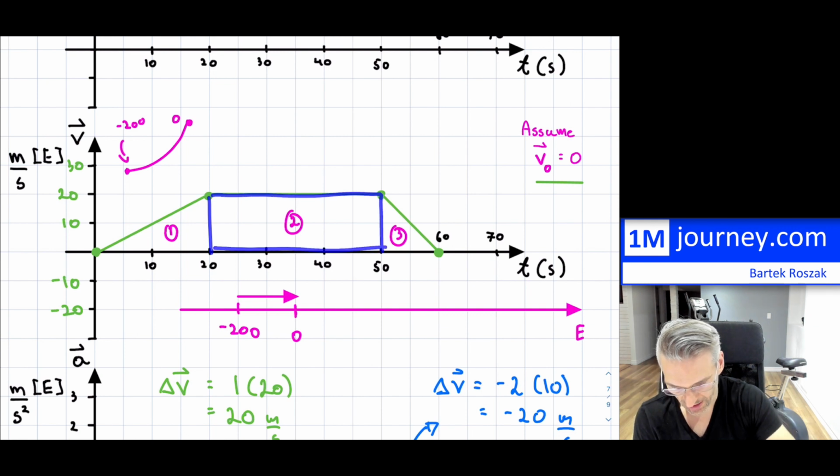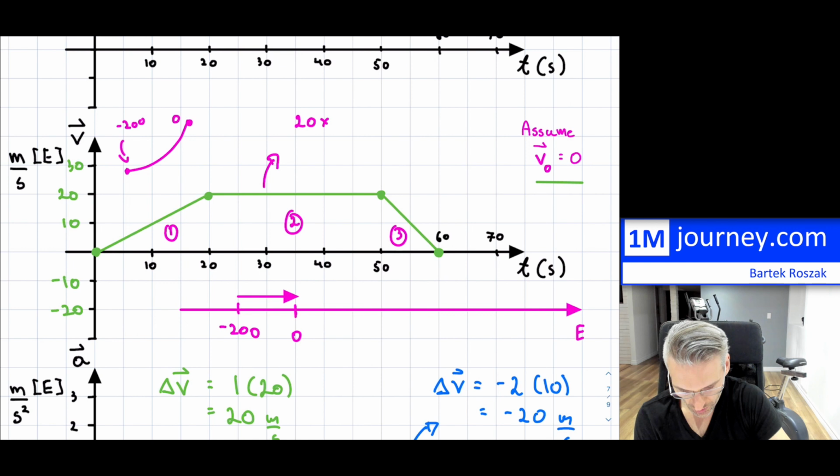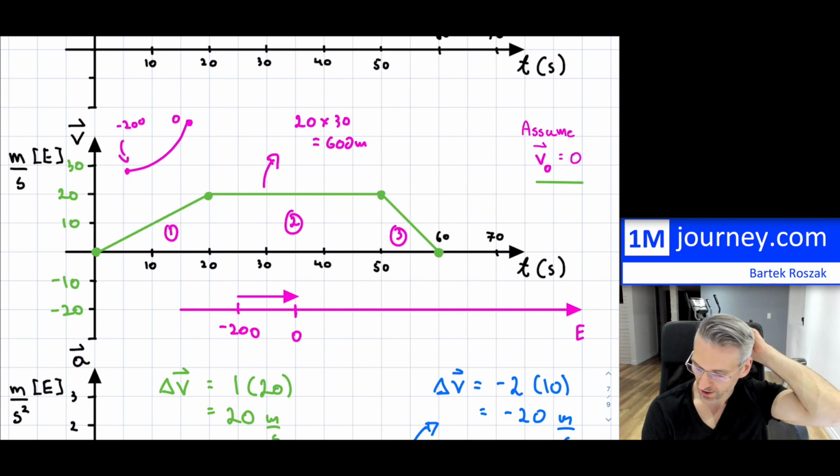So this is a nice big triangle that I have in there. For this particular piece, what I have is an actual rectangle. So this is going to be 20 multiplied by, I guess it's going from 20 to 50, so that's 30. So this is 600 meters. Now notice it's positive.